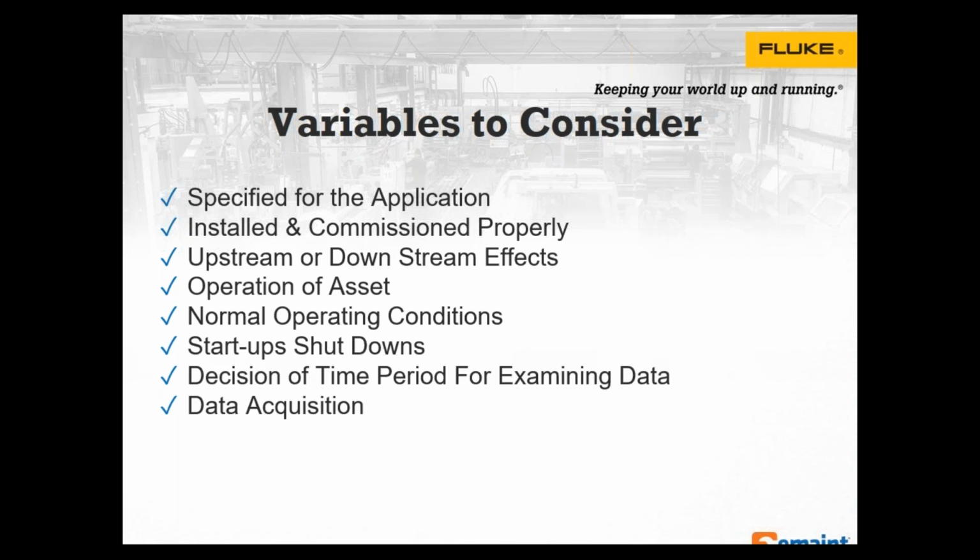Sometimes the outputs of these devices can vary. Depending on the type of asset, they can have an output that's pretty noisy, and it doesn't look pretty on the trend. So there's smoothing features in the programming of that output.